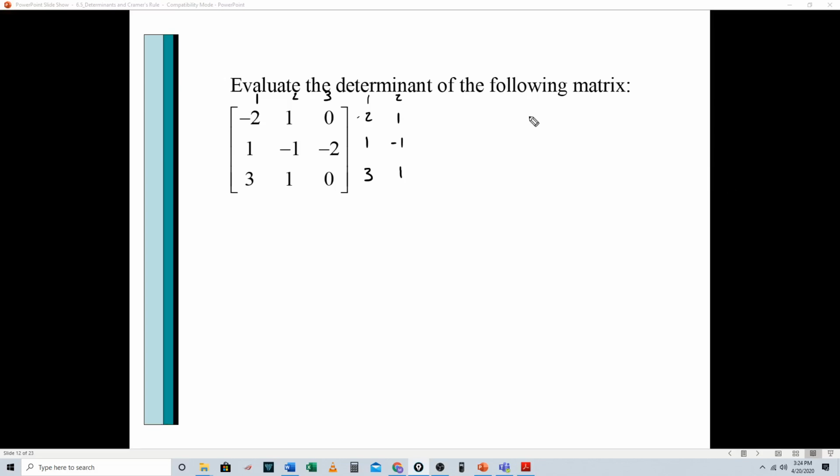So what I'm going to do is multiply the downward diagonals and add.